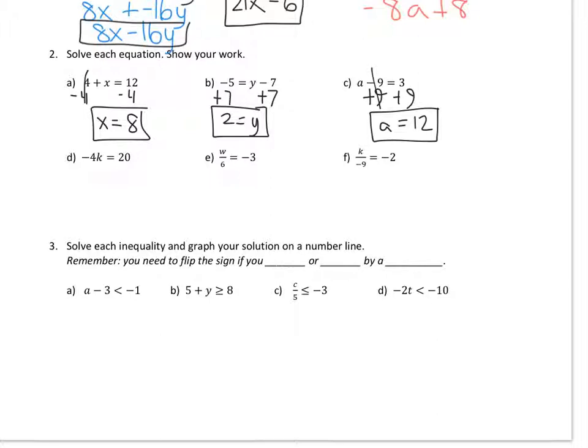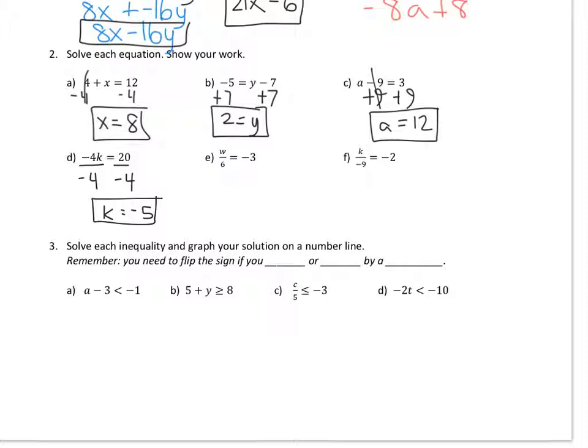Letter D, it looks like I want to add 4, but there's no space in between here, so it's negative 4 times k. So I'm going to divide both sides by negative 4. So k equals negative 5. In letter E, it's w divided by 6.